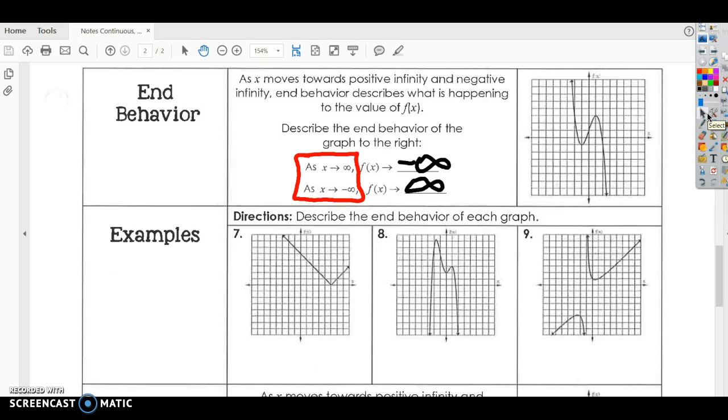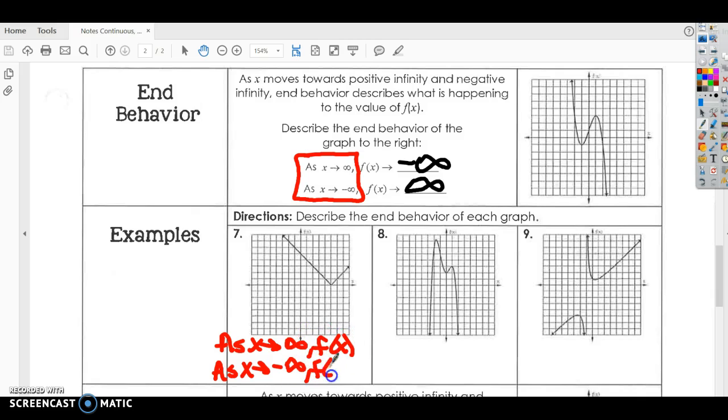All right, so let's look at examples. Numbers 7, 8, and 9 say describe the end behavior. It doesn't matter if you know what the function is. If you don't know what type of function it is, you can still determine the end behavior. So we're going to say as x approaches infinity and as x approaches negative infinity, what does f of x do?